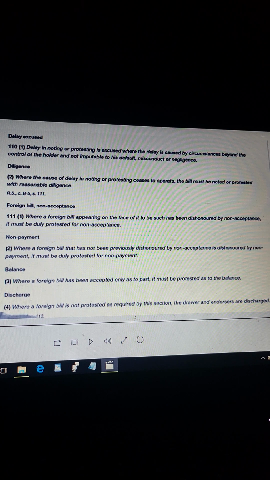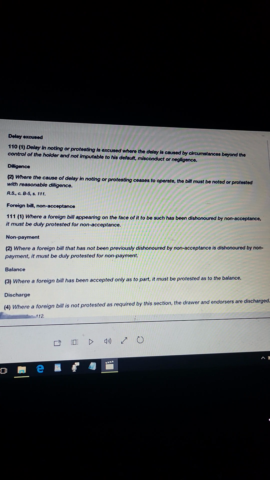Foreign bill, non-acceptance. 111. 1. Where a foreign bill appears on the face of it to be such and has been dishonored by non-acceptance, it must be duly protested for non-acceptance. Non-payment. 2. Where a foreign bill that has not been previously dishonored by non-acceptance is dishonored by non-payment, it must be duly protested for non-payment.